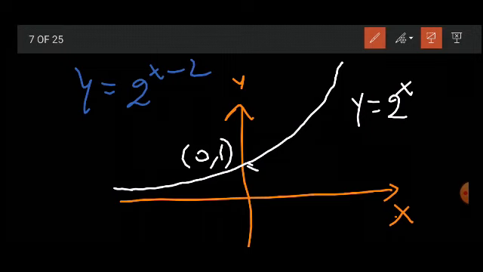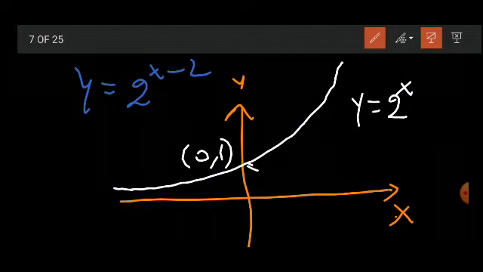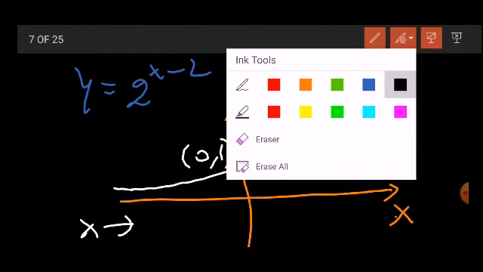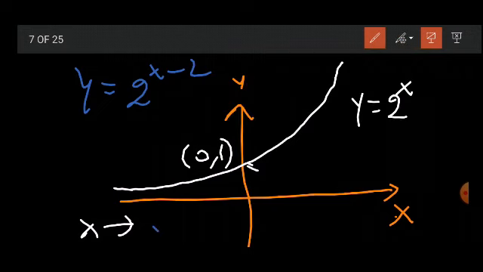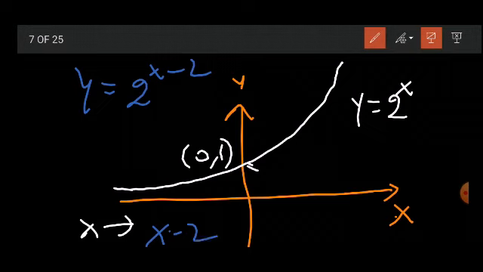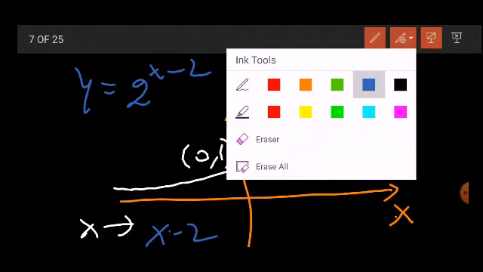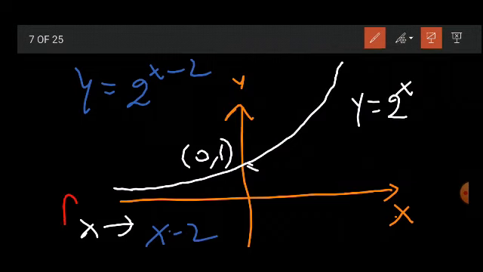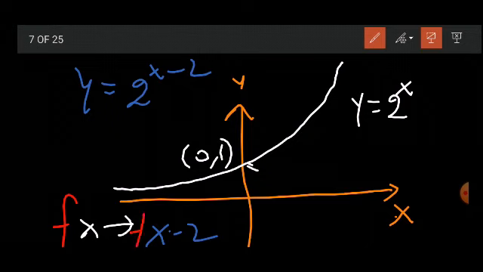Now we are interested in finding 2 to the power x minus 2. It means instead of x, we have to replace x with x minus 2. So here, if we can recall any function f, go for f of x minus 2.